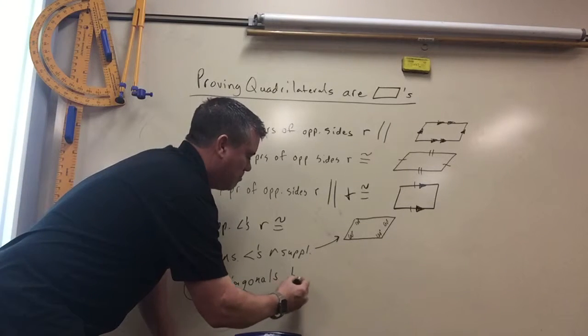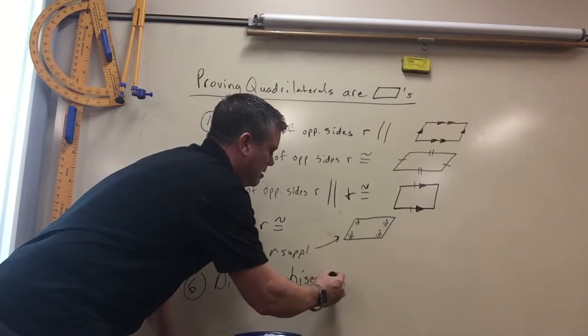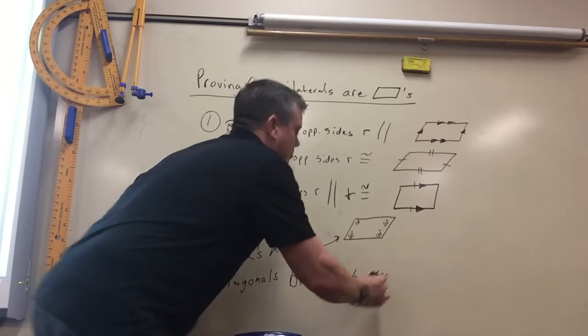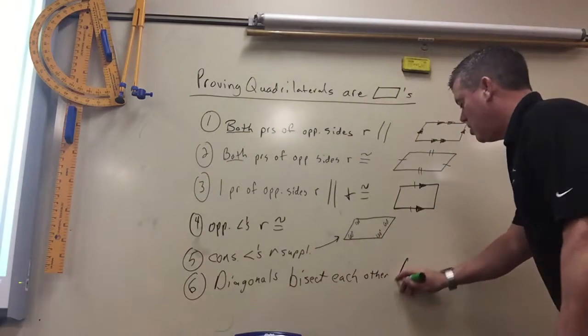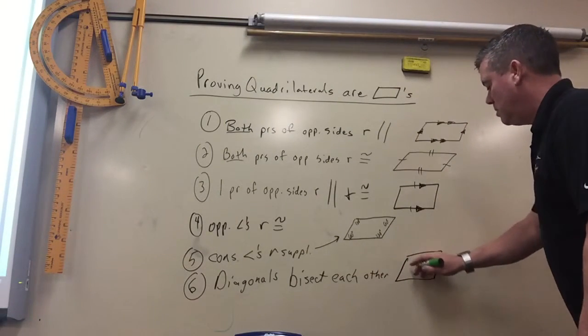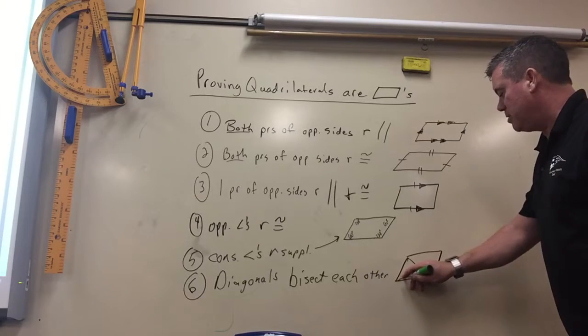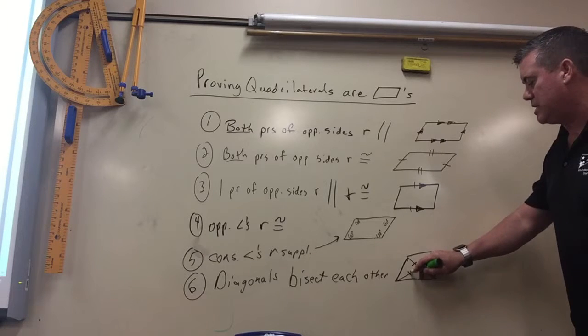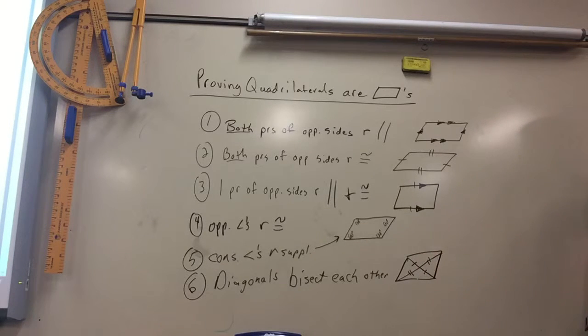Bisect. Bisect each other. So that picture, you would have the diagonals drawn in there, and it would show you that this equals that, and this equals that. Okay?